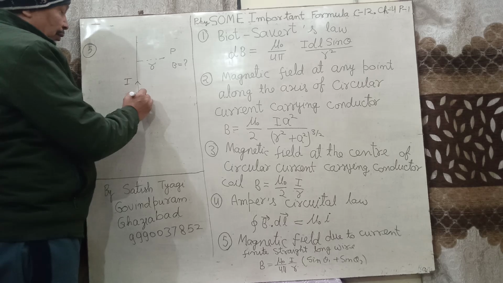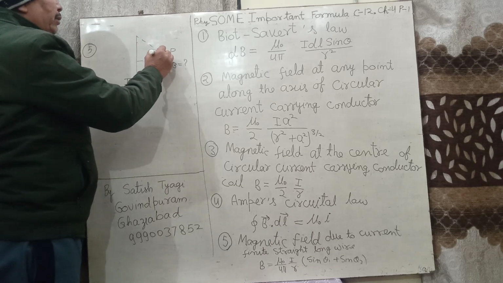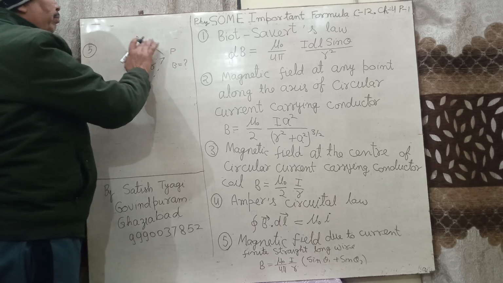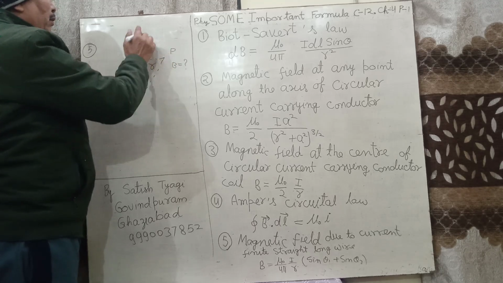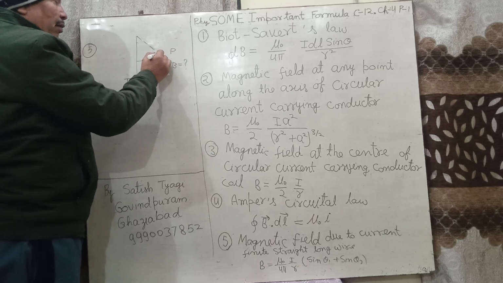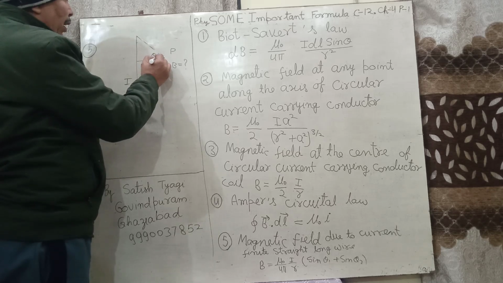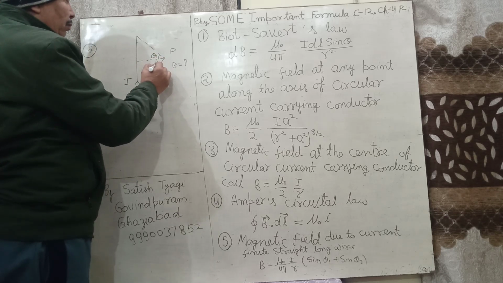Then joining this point from this, and joining this end point from this point, this is the angle theta 1, and this is the angle theta 2.